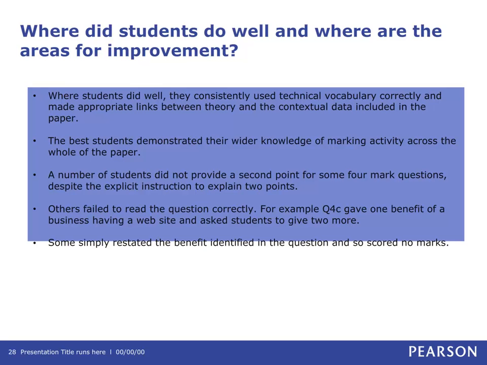A number of students did not provide a second point for some 4-mark questions, despite the explicit instruction to explain 2 points. Others failed to read the question correctly. For example, question 4C gave one benefit of a business having a website and asked students to give 2 more. Some simply restated the benefit identified in the question, and so scored no marks.